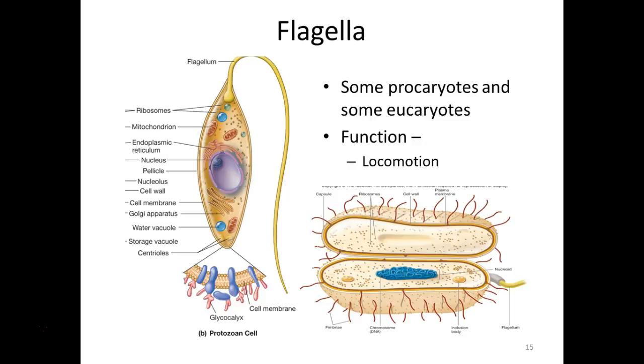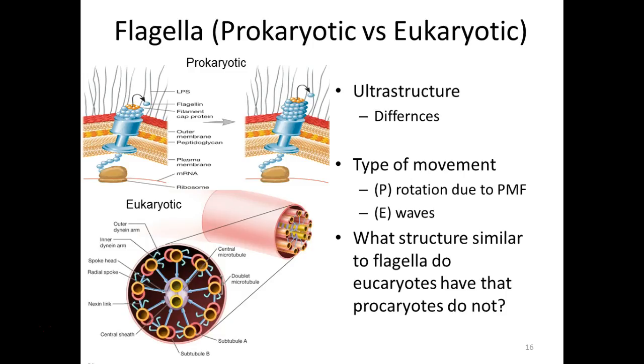So both prokaryotes and eukaryotes can have, not all of them, that's why it says some, flagella, and of course the function is the same. It's all about motility, locomotion, movement. Where we get differences is how they're structurally made and how they move.